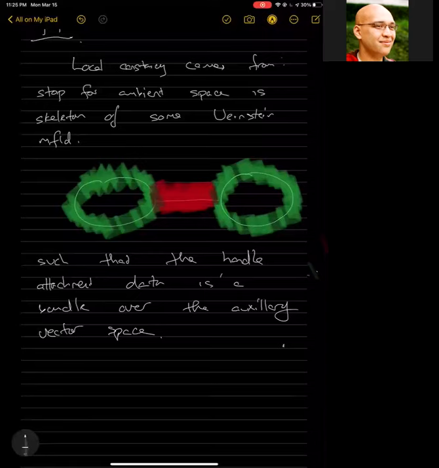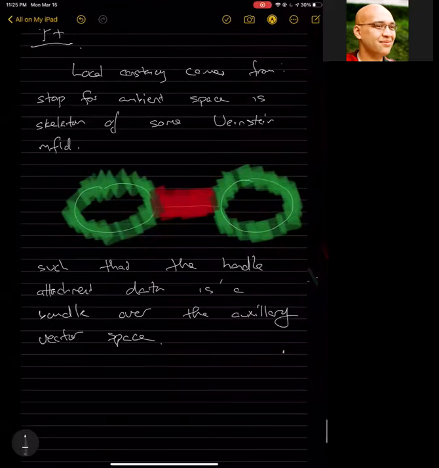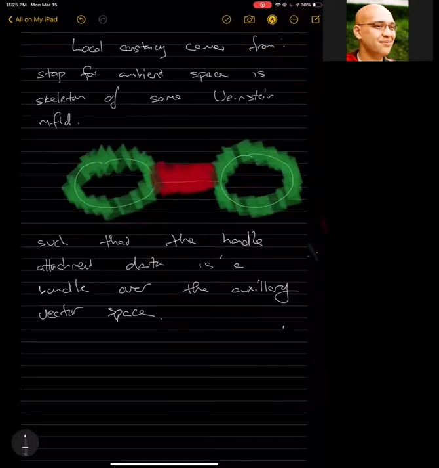In the general case, some of these handle attachments happen only over special values and so on. And so that's somehow the key point. And so because this handle attachment data projects, it makes a bundle, then this kind of symplectic reduction is compatible with forming this skeleton of the Weinstein manifold, and you can convince yourself everything is constant. But I wanted to explain that's the key point.